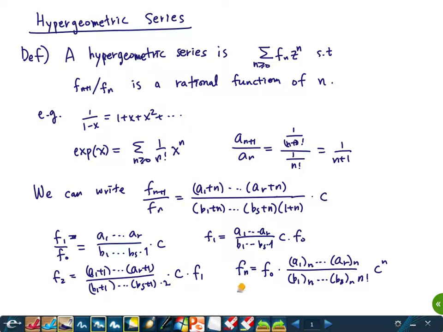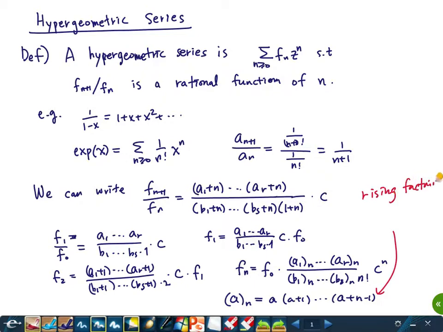Here, (a)_n is by definition a times a plus 1 up to a plus n minus 1. This is called the rising factorial, or also called the Pochhammer symbol.